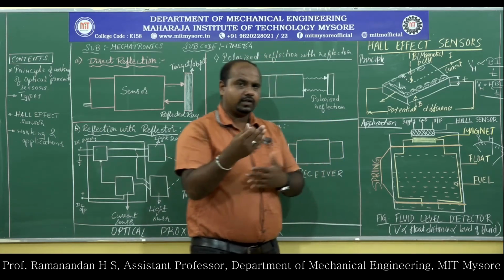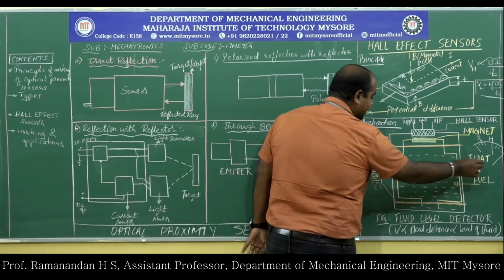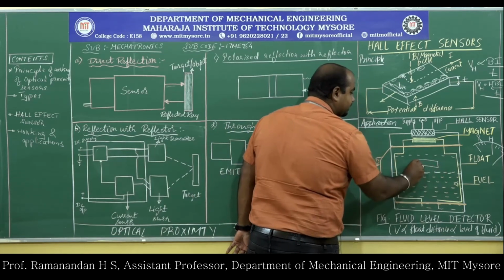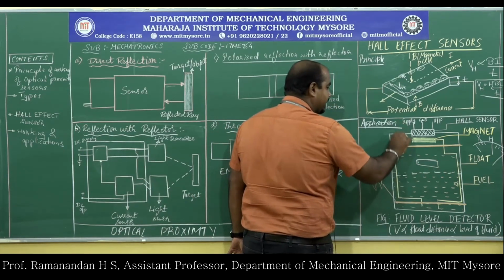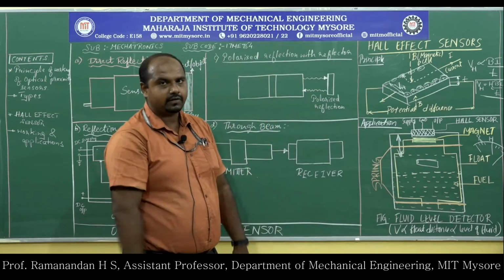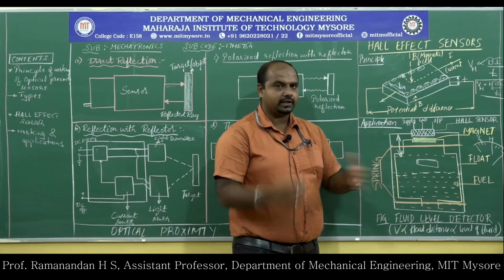So you can now understand, if the fuel level, say consider this is half tank, your magnet will be floating around here, because this magnet is usually floating inside the fuel tank. If the magnet is here, obviously the lines of force are at a particular distance.